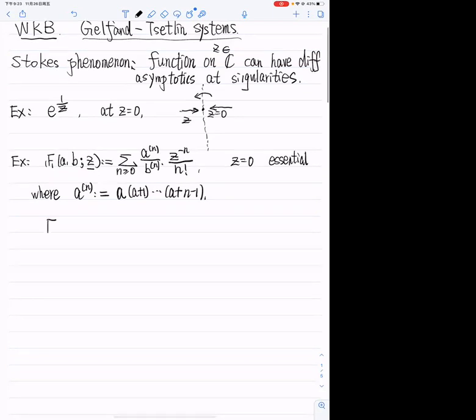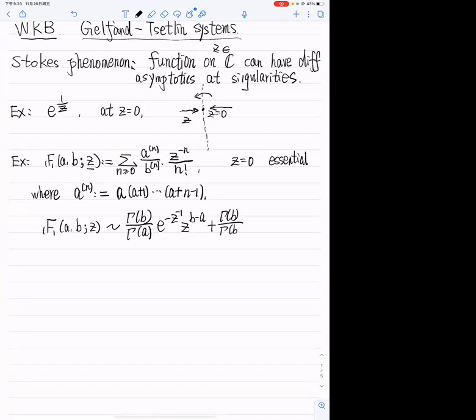By the known asymptotics of the Kummer function as z goes to 0, the asymptotics near 0 has this expression.